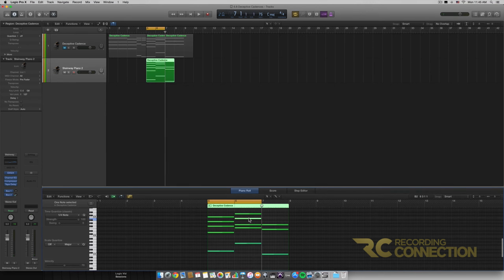Oops, Option drag. And then that's D. And what we could do is double the root, or we can go up to the third. I'm going to double the root and take away the major seventh right there to give a strong 5-1 cadence to C.